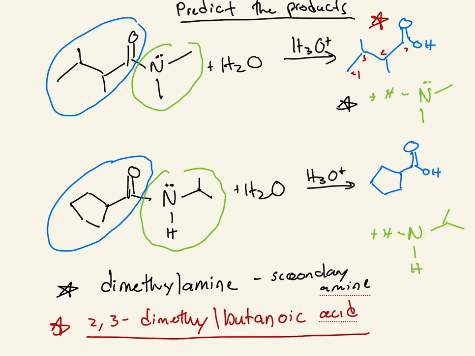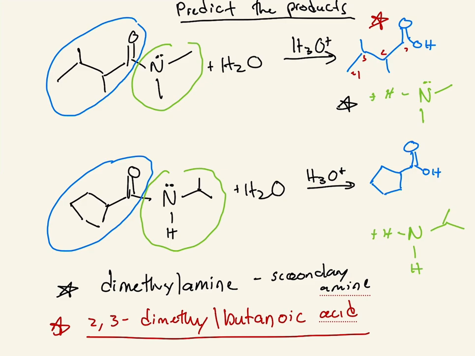If there's 2 hydrogens bonded to the amine, then it's going to be a primary amine. If there's 1 hydrogen bonded to it, it's going to be a secondary amine. If there's no hydrogens, it's going to be tertiary. So hydrogens and the alkyl groups follow the opposite trend. You can think in terms of the number of hydrogens there or the number of R groups that are there. Not the number of carbons in the R group, but just the number of R groups.